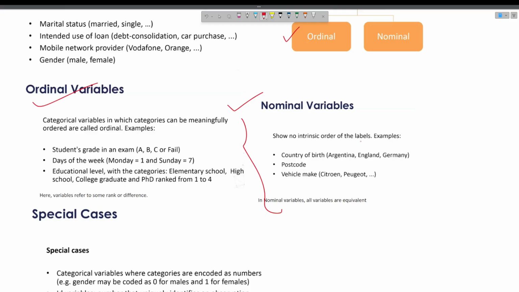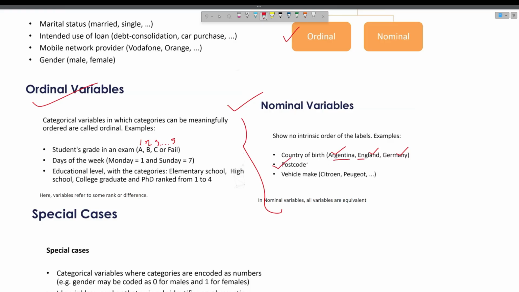For example, with grades A, B, C and fail, you know that A is of rank 1, or high rank, B is rank 2, C is rank 3, and fail is maybe rank 5, if you grade them depending on ranking. But with country of birth, for someone it can be Argentina, for someone England, for someone Germany, but it does not make the person different, right? The region is different, that's it, but there is no ranking here.